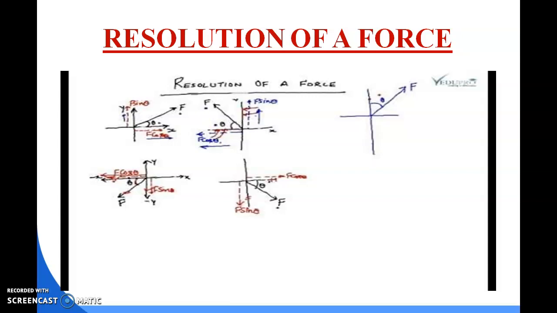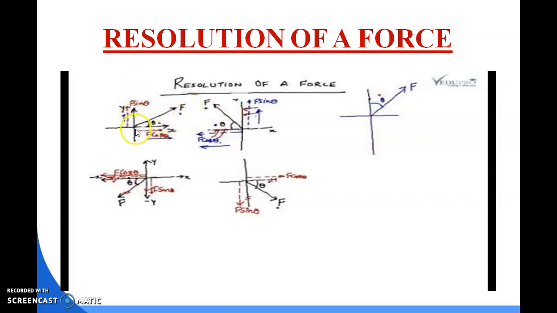Basically, in our principle we studied that forces are taken in two directions: one is the x-axis and the other is the y-axis. Here I am taking the first quadrant. This one is the x-axis and this one is the y-axis.